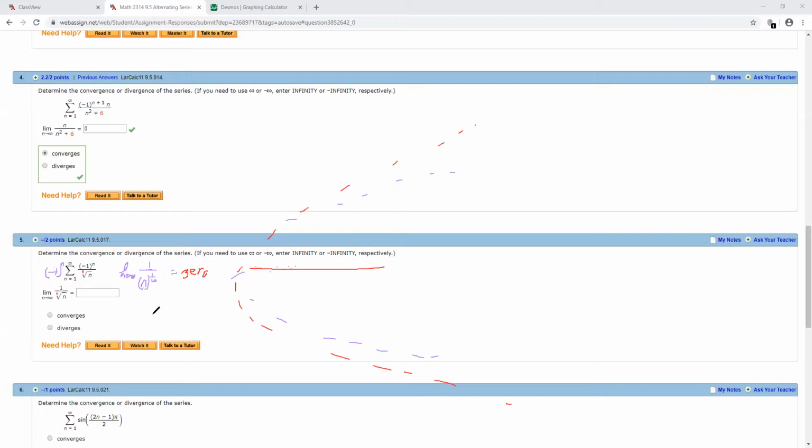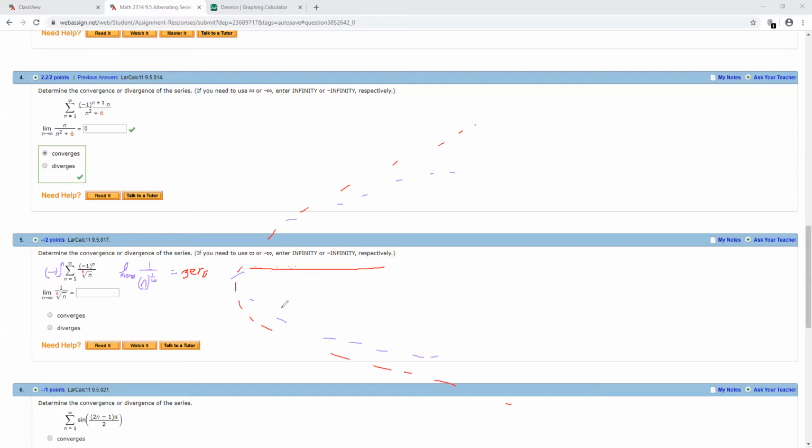Yes. And now that means we have to explore further. And when we explore further, we have to use one of those 8 series tests. But is this geometric? No. You cannot use the integral test because this function here is not positive all the time. It's not continuous, and it's not decreasing because it's alternating.